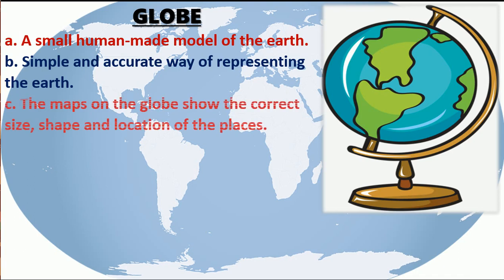The maps on the globe show the correct size, shape, and location of the places in relation to each other. But there are certain limitations. What are those limitations?